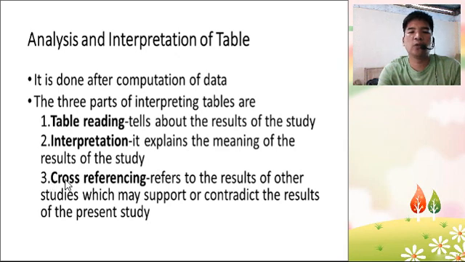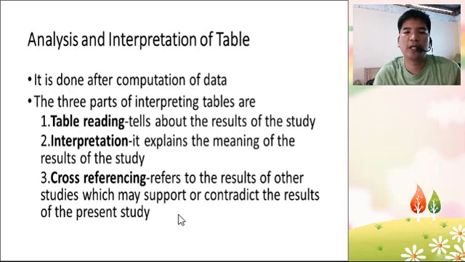Then number 3 is cross-referencing. So make sure na meron kayong mga basis ng mga citations in order to cross-reference. Because these refer to the result of other studies. So make sure that you have read other researches or other studies that are related to your present study, because you can use these to support or contradict the result of the present study.